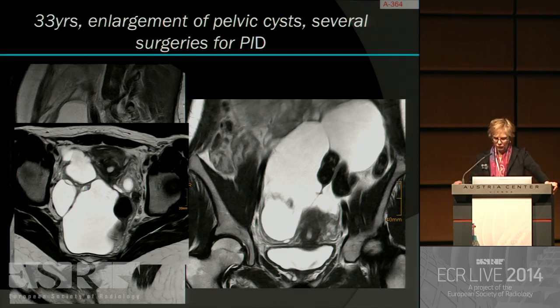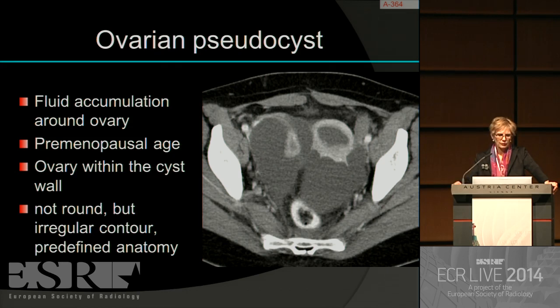And this is not a tumor. That's a typical pitfall. This is an ovarian pseudocyst. This represents fluid accumulation around the ovary. It's typically found in premenopausal age because we need functional ovaries. And what we find is that the ovary is within the cyst wall, like you see it here, as I have shown you at the base of the cyst.